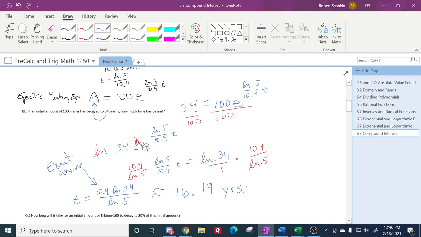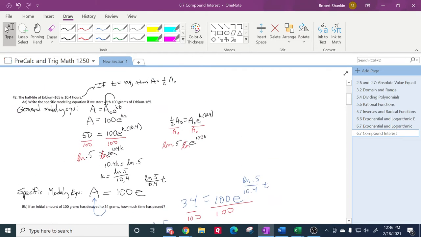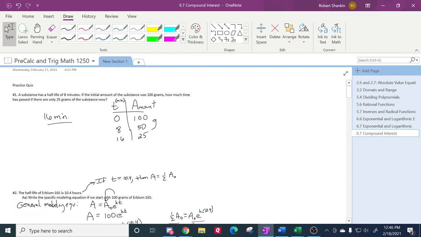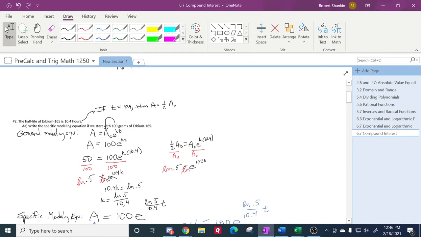And the last thing I'm going to do is I'm going to ask, is this reasonable? Well, 100 grams would have decayed in 10.4 hours. See, we didn't make that chart here.